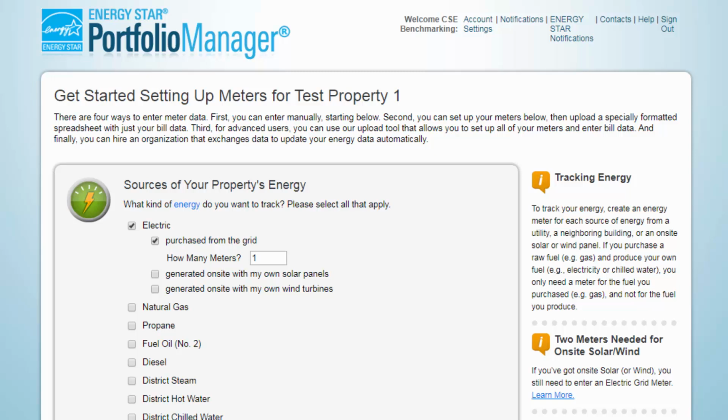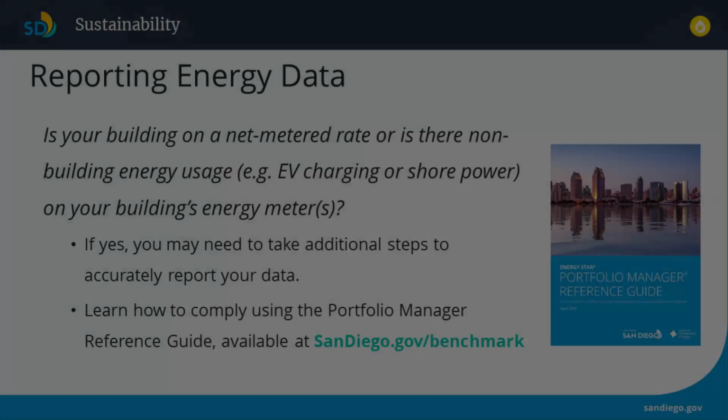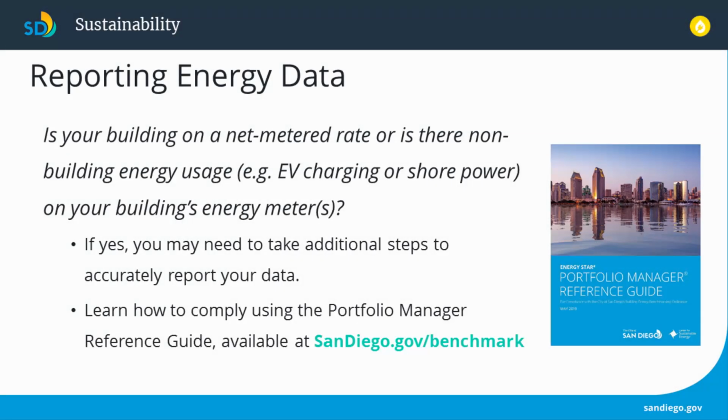If you have on-site solar generation, you will need to report your electric generation and consumption information. Note that if you are on a net metered rate, you may have to do additional calculations if you are exporting energy off-site. Additionally, if you have non-building energy usage such as shore power or electric vehicle charging that is tied to a meter serving your building, you will need to discount that energy usage from your building's total energy consumption.